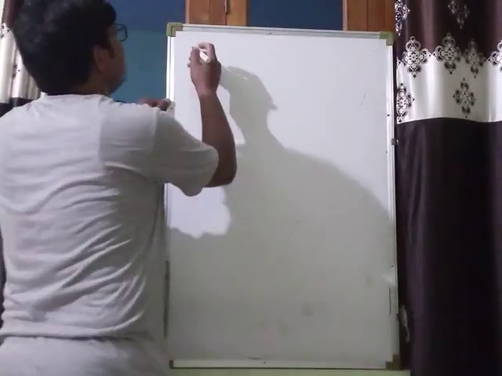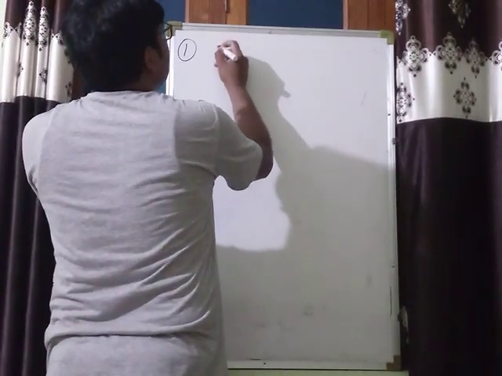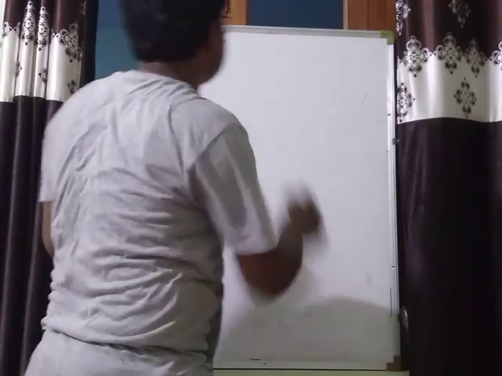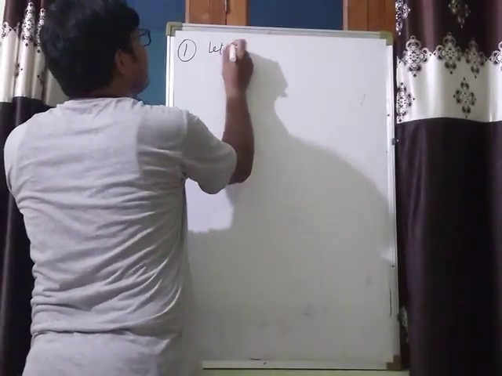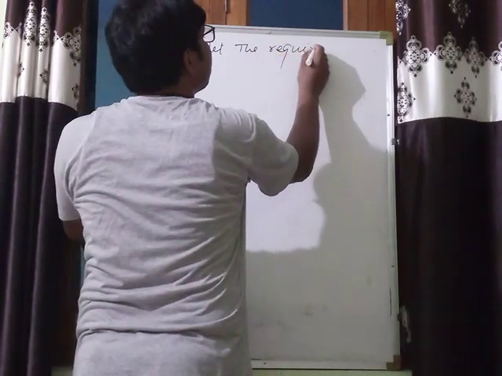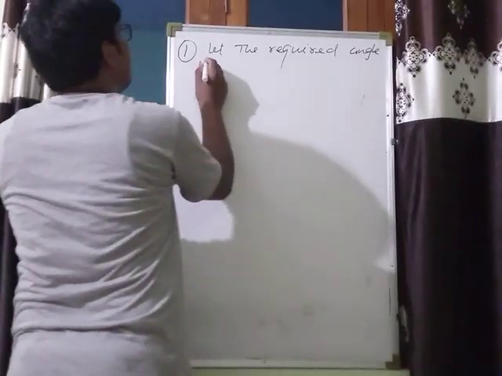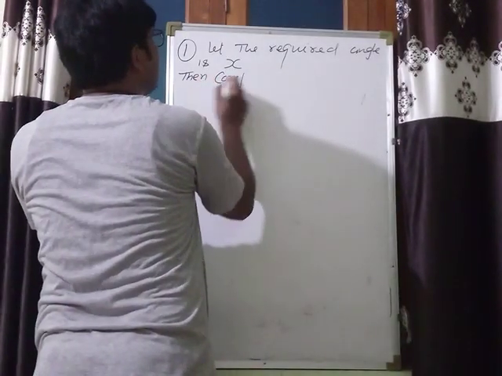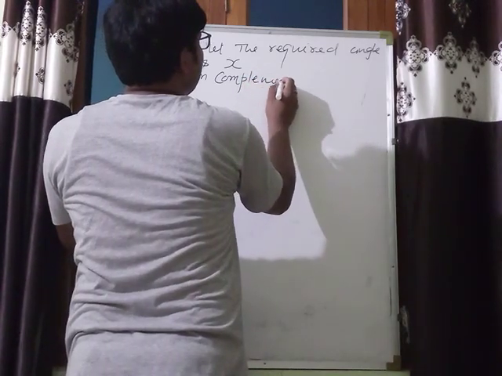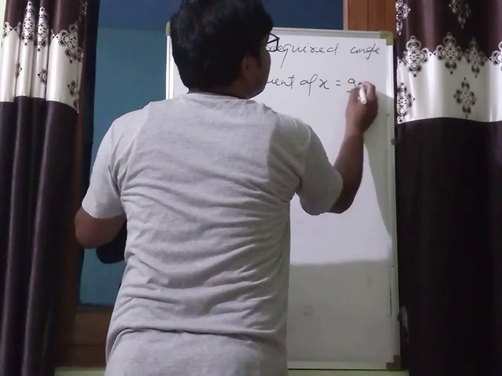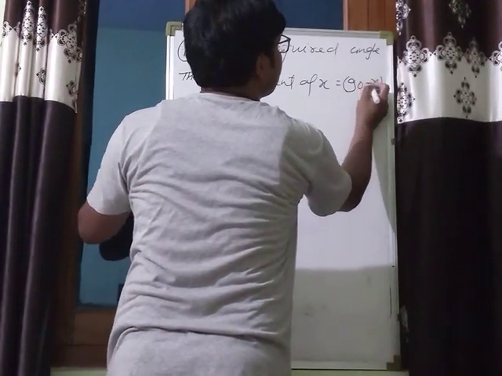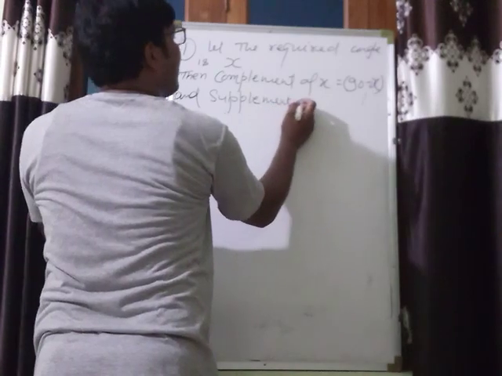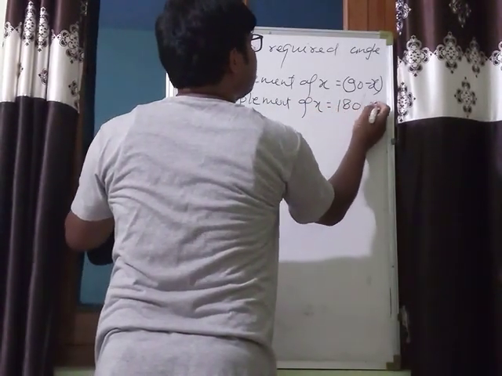See, let the required angle be x, then the complement of x is 90 minus x and the supplement of x is what? 180 minus x.